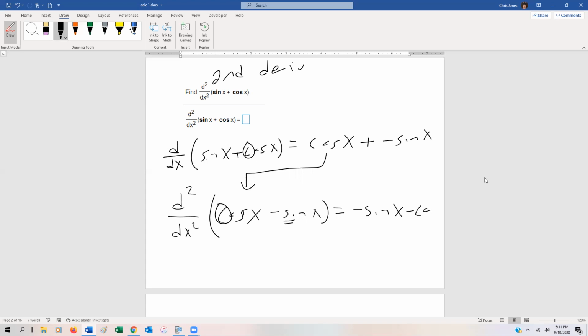So this is going to be minus cos x. That's our second derivative of sine x plus cos x. Another way to write that, if you were to factor out the negative, is the opposite of sine x plus cos x, which is actually the original function that we looked at. Not that you have to do that, but just illustrating that it does work like that.